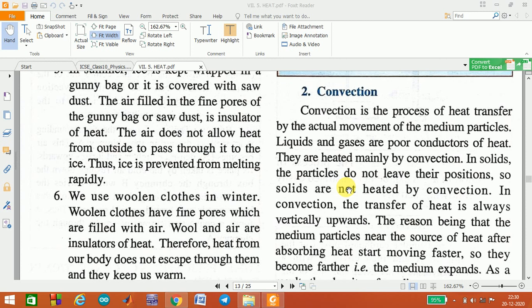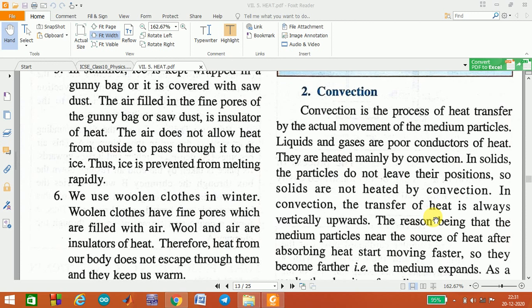So this is only shown by liquids and gases. Okay, so liquids and gases are poor conductors of heat. They are heated mainly by convection only. In solids the particles do not leave their positions because they are tightly packed.